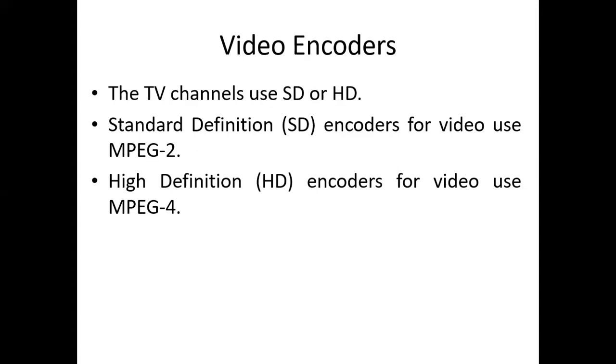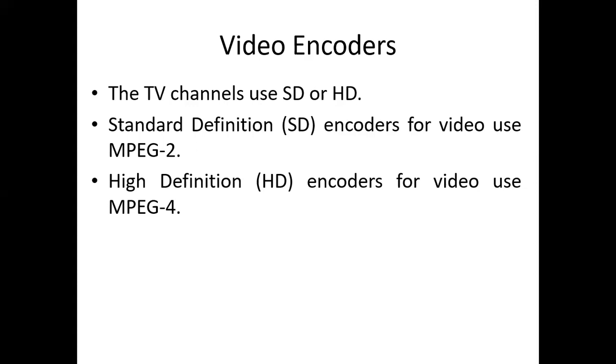HD has almost twice as much data rate. It depends how you capture. For both SD and HD, the encoders don't have a fixed data rate. Rather, different implementations work differently with different levels of quality.